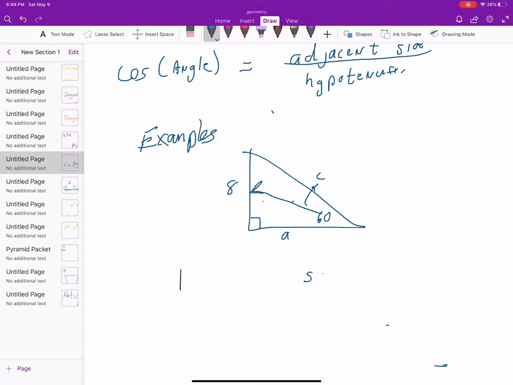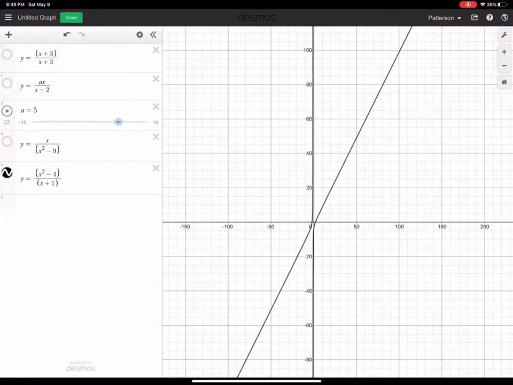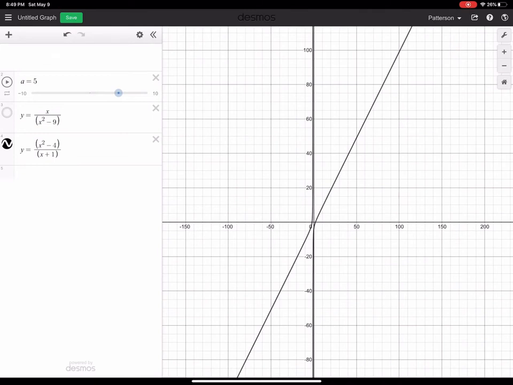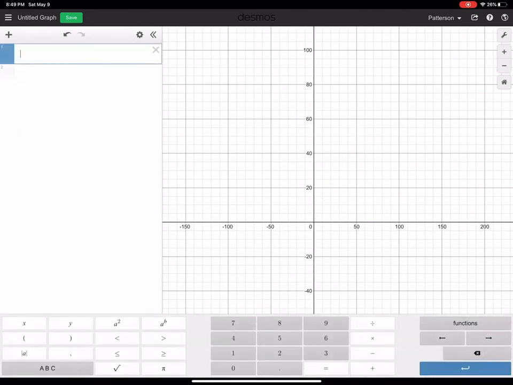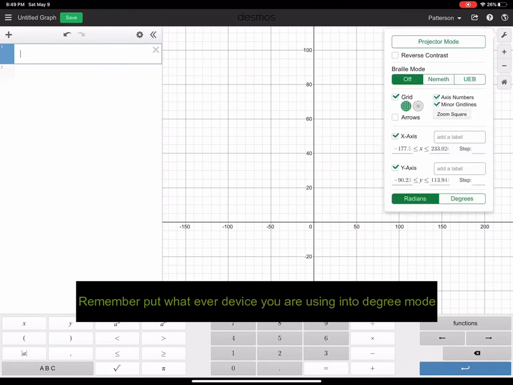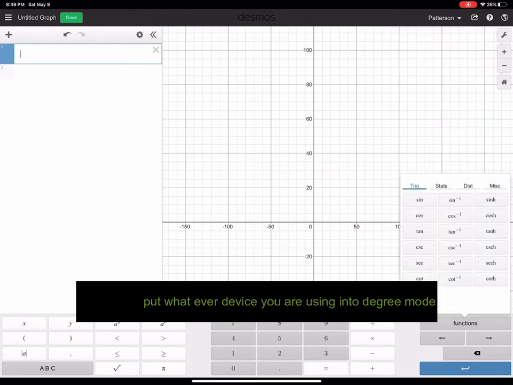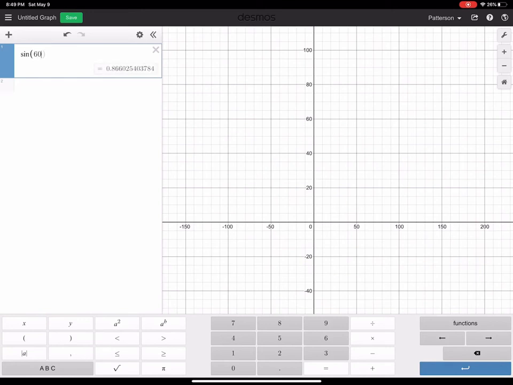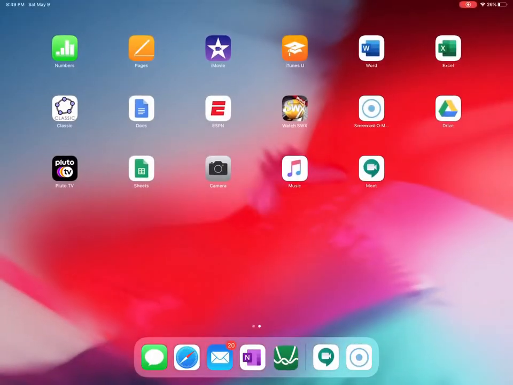So I'm going to go sine of 60 is equal to the opposite side, which is 8, over the hypotenuse, which is C. And I'm going to do the exact same thing that I did before. I'm going to use my calculator, and I'm going to use decimals. Let me get rid of all this stuff. Let me make sure I'm in degrees first. Let's do the sine of 60. It says it's 0.866.